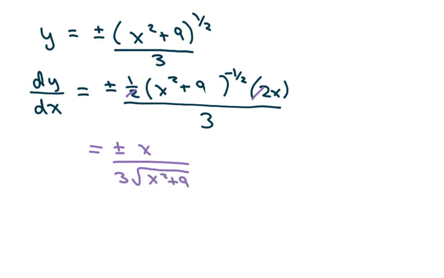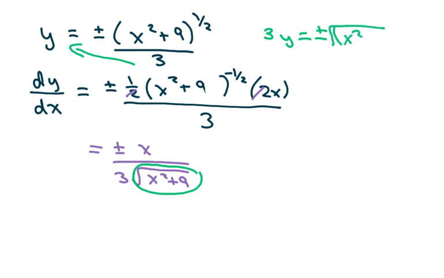Now, since I'm going to have to differentiate this implicitly, I want to have a y in here. So I want to rewrite this with a y. So noticing this up here, I can cross multiply. So I have 3y equals plus or minus the square root of x squared plus 9.